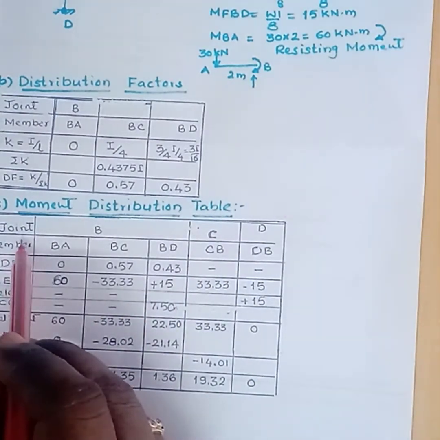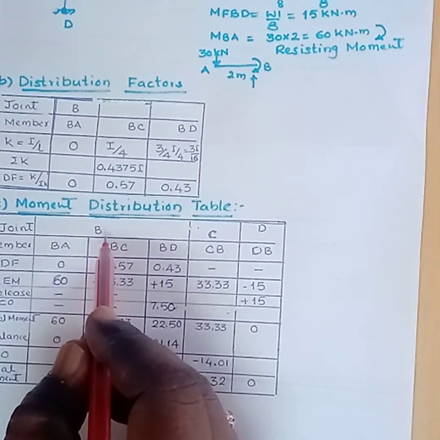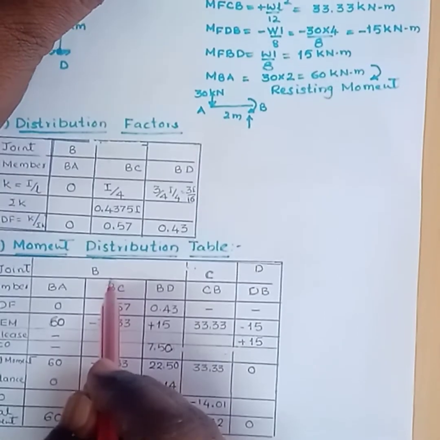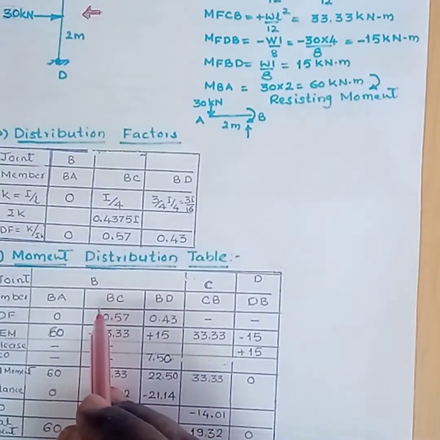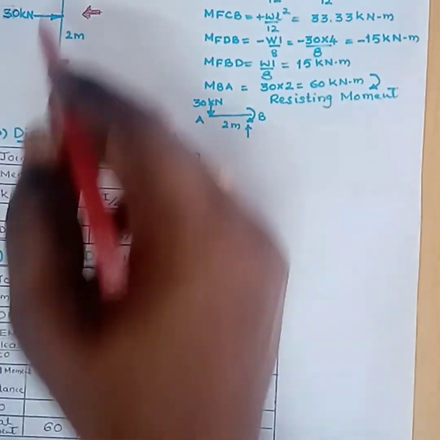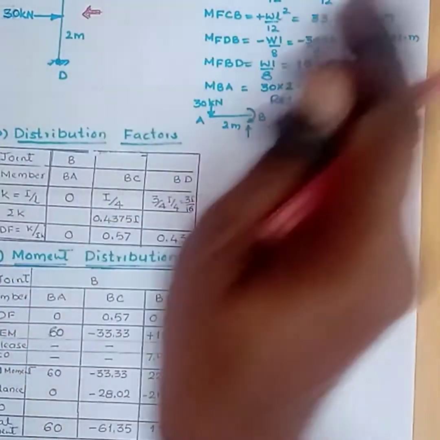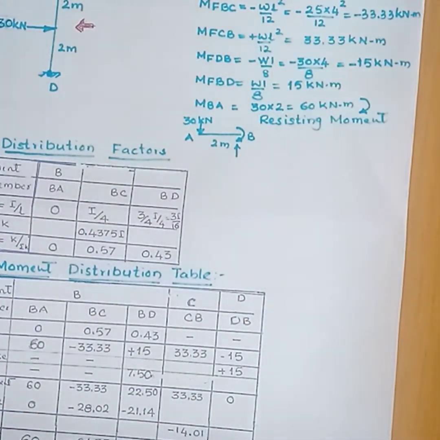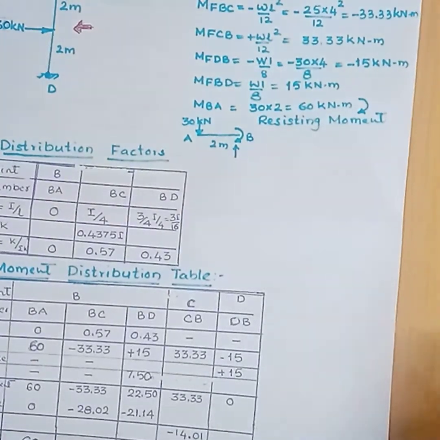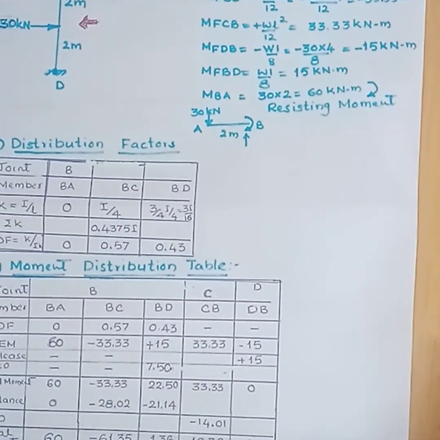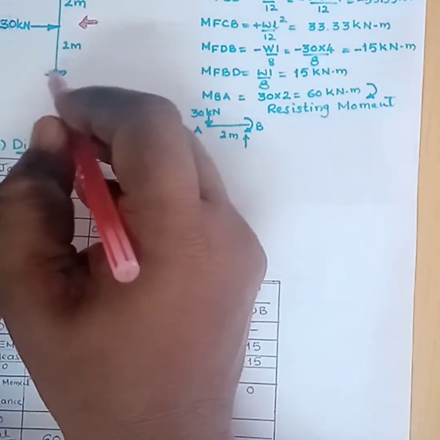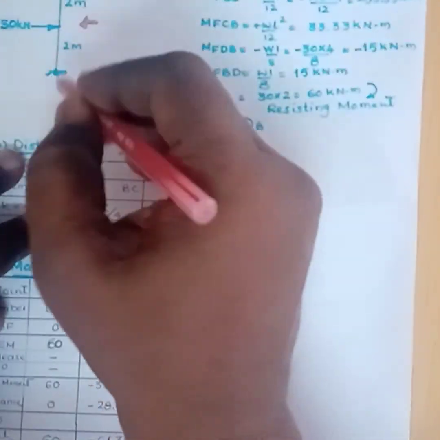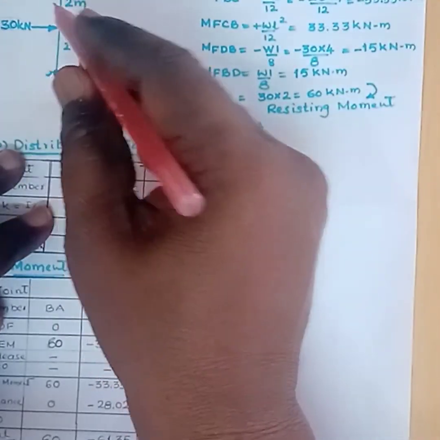Now we have to go for the next step, that is the moment distribution table. At joint B, three members are connected: BA, BC and BD. At joint C, only one member. At joint D, there is only one member.